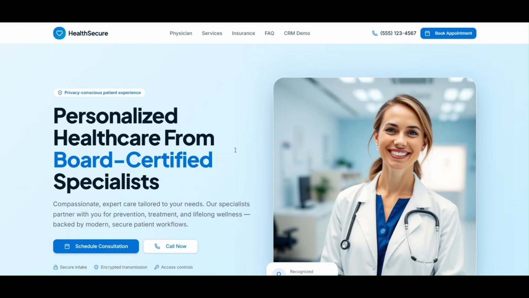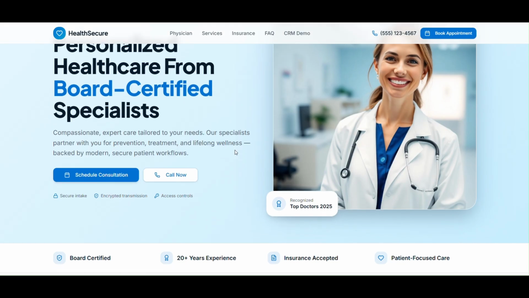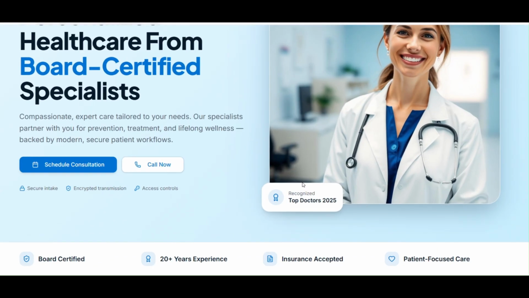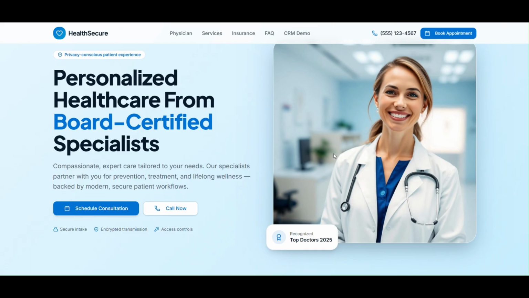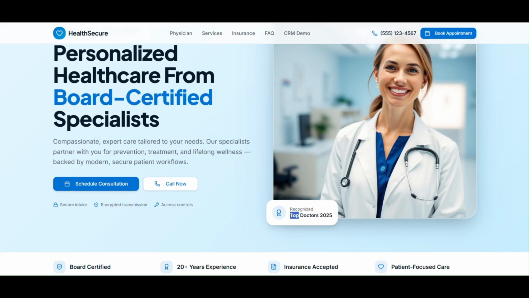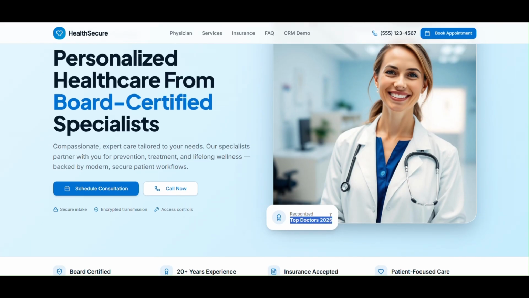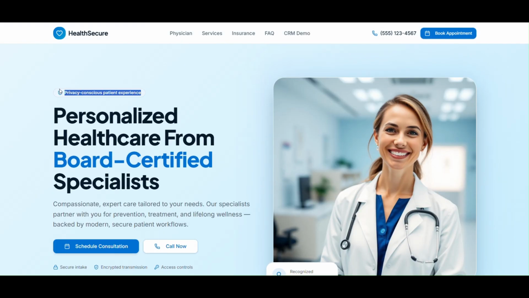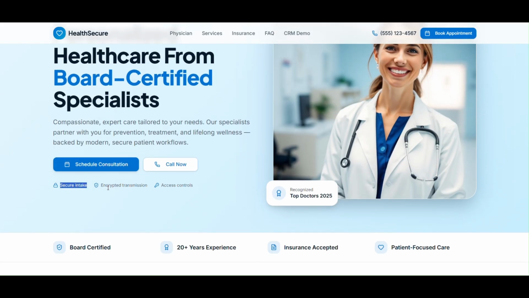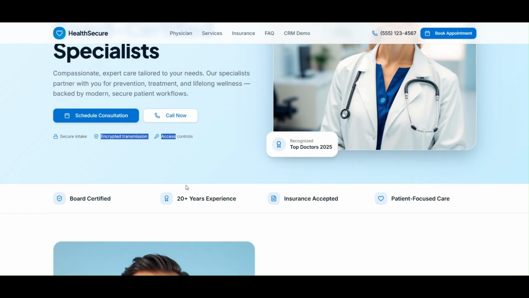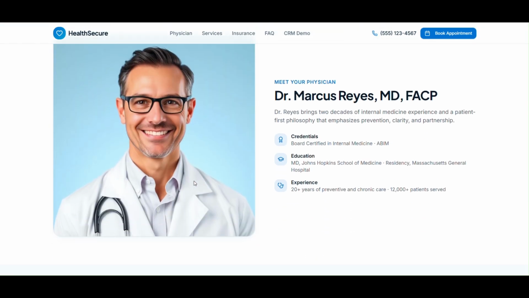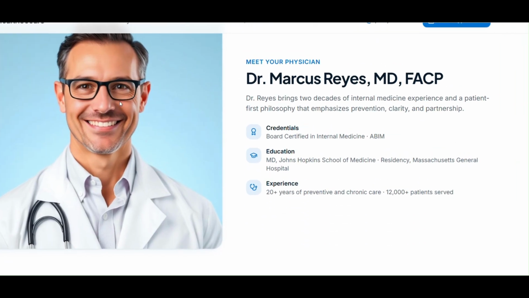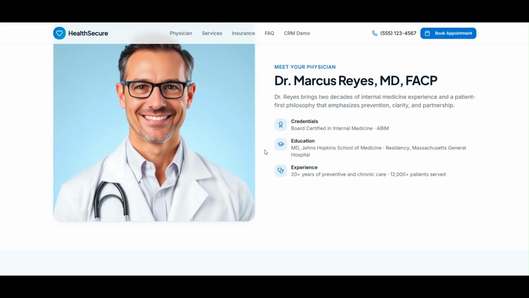Next up, we have the good HIPAA compliant page. As you can see here, this is the example doctor we have, and you can see this trust signal, this trust signal, this trust signal. There are a lot of trust signals, and this is the doctor. They have a separate section.